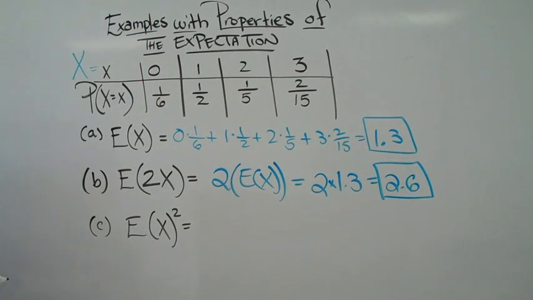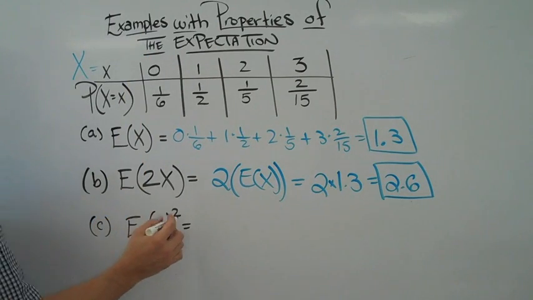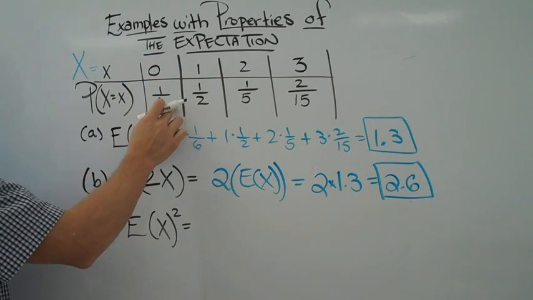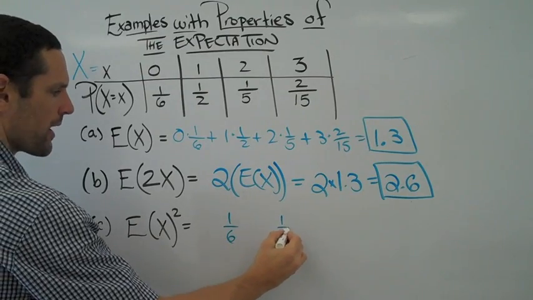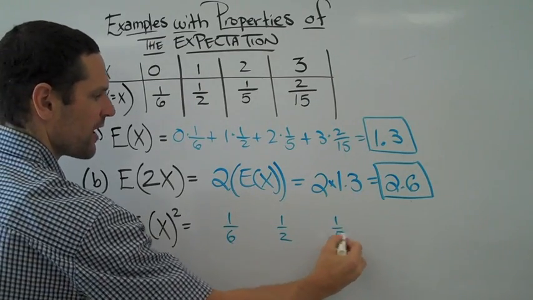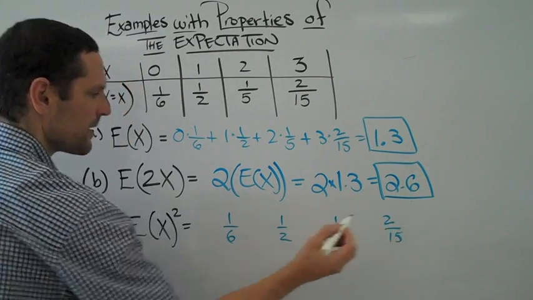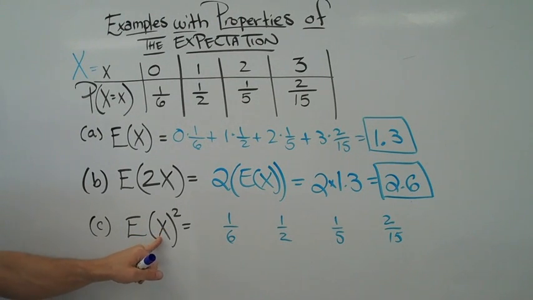And finally, I can find the expected value of x squared. Well, what would that require me to do? In the earlier part, I had x times its probability. The probabilities will remain the same: 1/6, 1/2, 1/5, and 2/15. But now my x values are going to be squared.